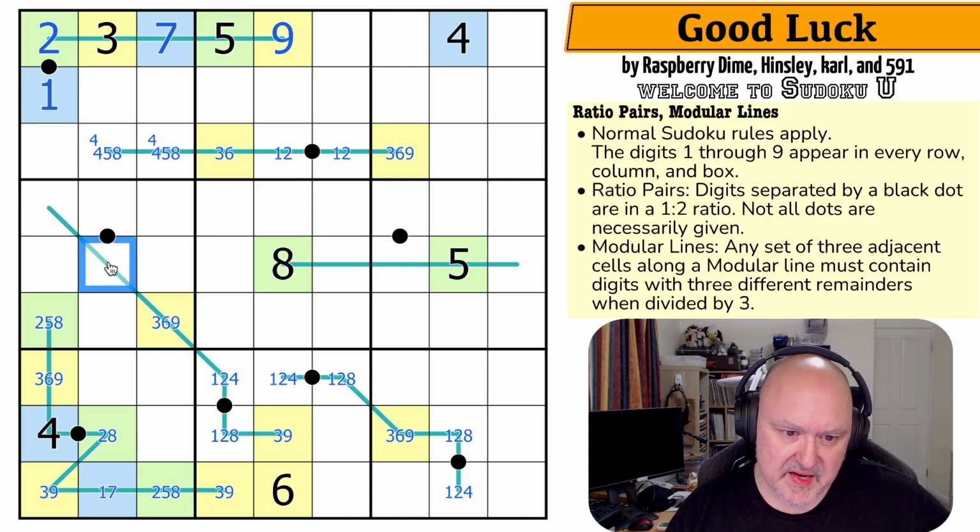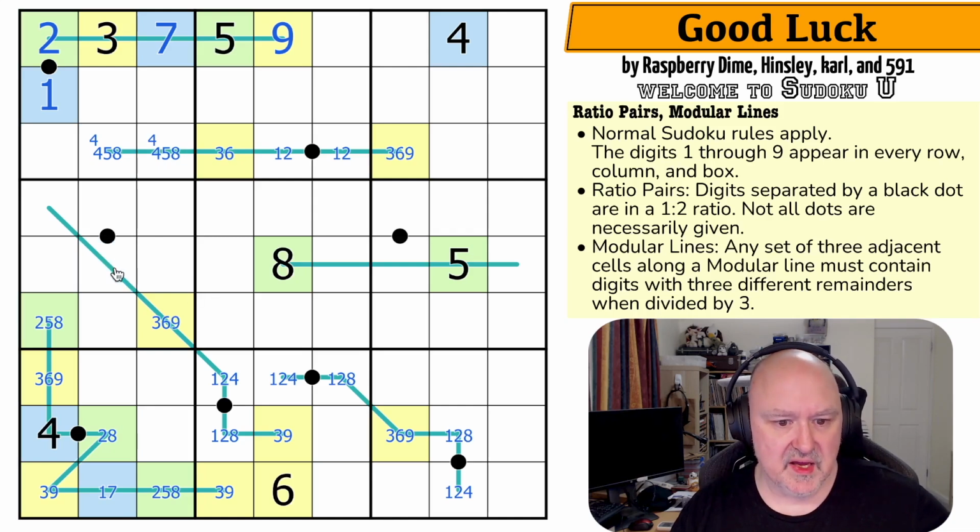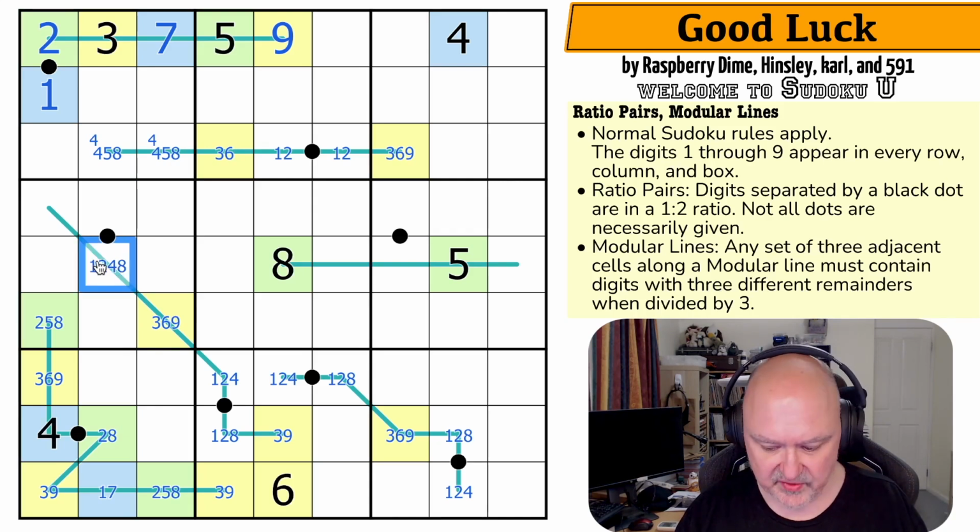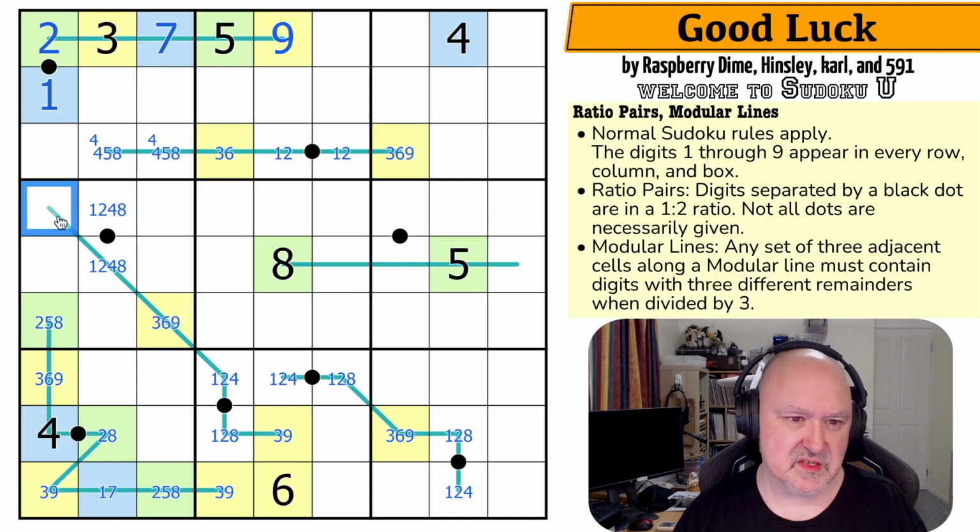Okay. Now this also can't be yellow. So this is from 1, 2, 4, 8 because I can't use 5, 7. So this is from 1, 2, 4, 8. And these are from 1, 2, 4, 8.